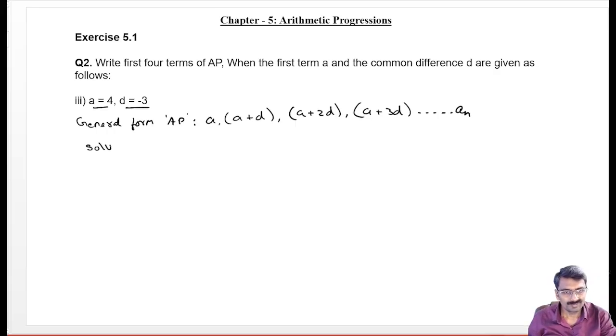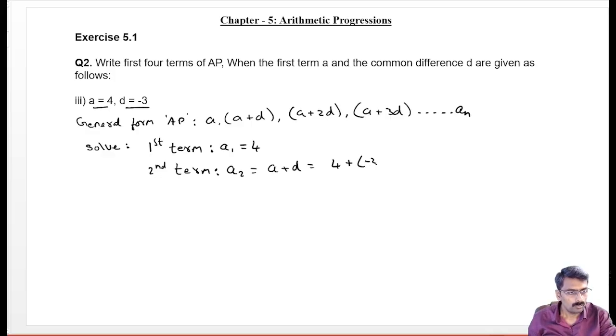Solve. First term is a1, that is equals to 4. Second term, a2, that is equals to a plus d, which is equals to 4 plus -3, that is equals to 4 minus 3, which is equals to 1.